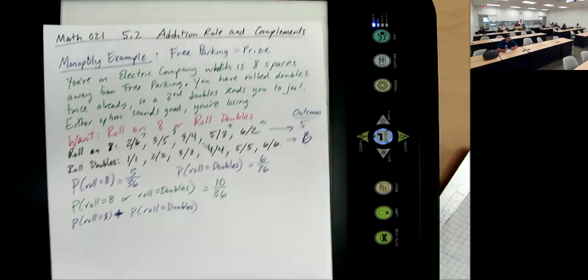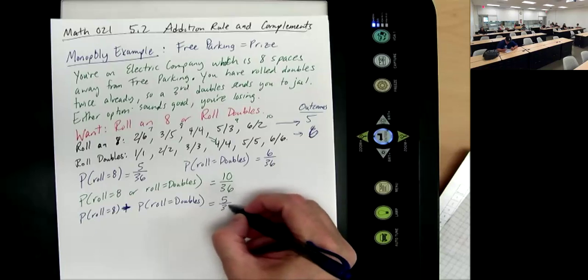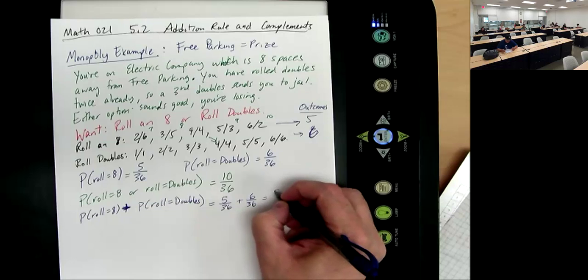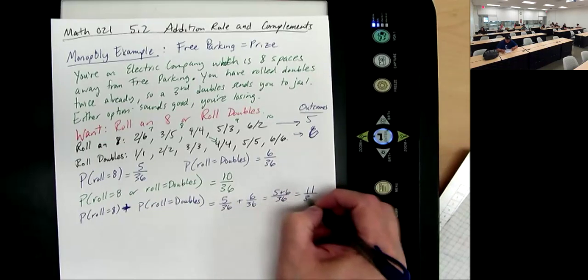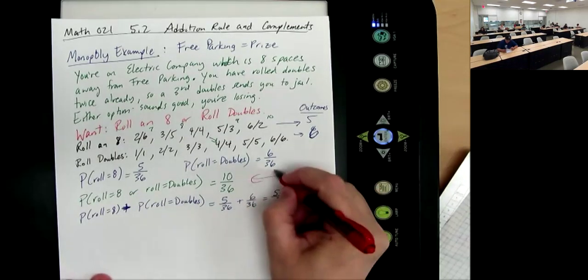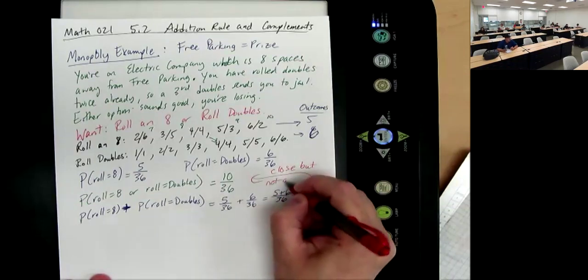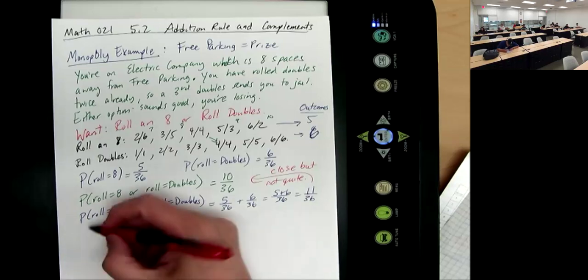I would have had 5/36 plus 6/36, which is 5 plus 6 over 36. That's 11/36, which is close, but not quite. What is it off by? It's off by a single outcome, right?